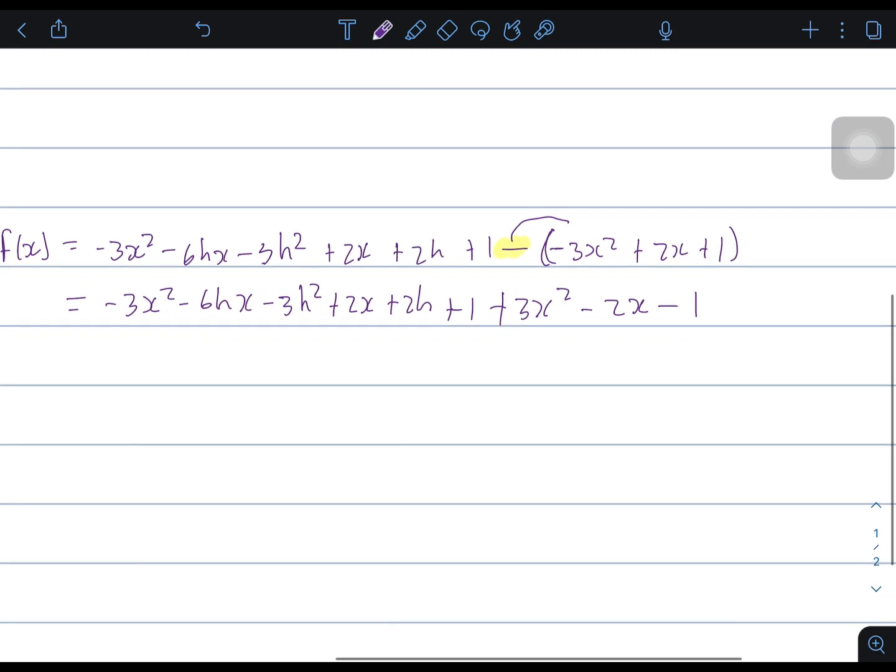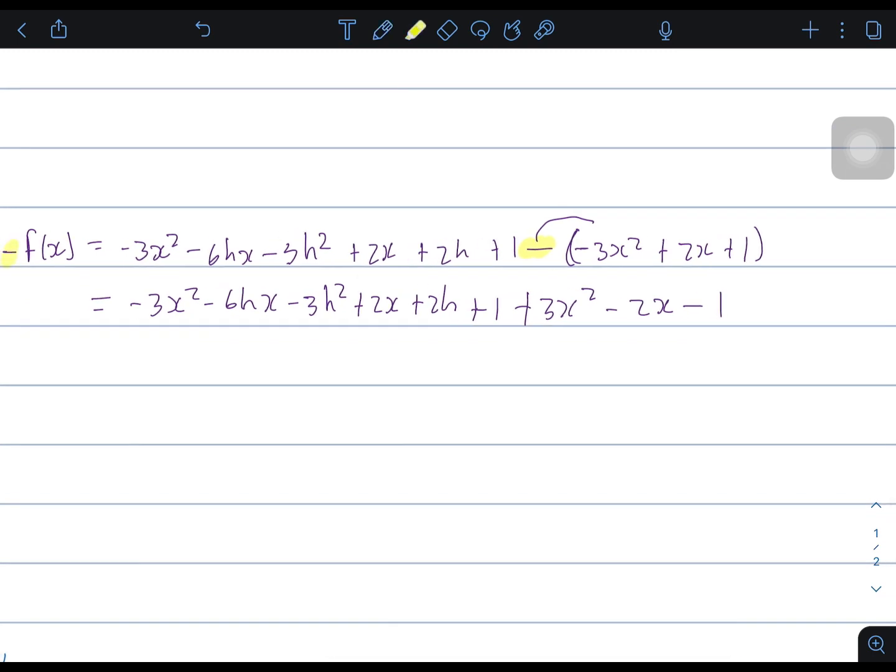Then let's look at the like terms. For x squared, we have negative 3x squared and positive 3x squared, so they cancel. The other like terms, 2x and negative 2x, also cancel.